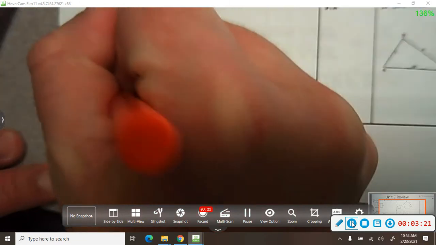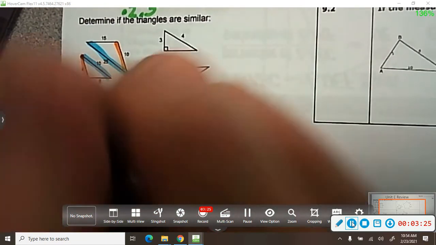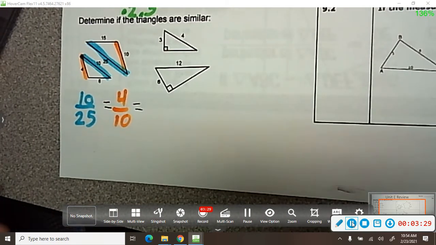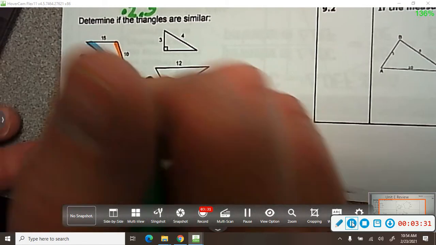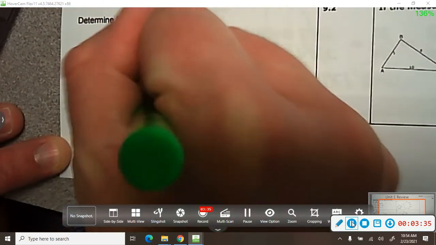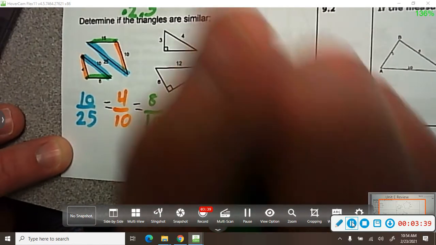Does that equal 4 over 10? And then does that equal 6 over 15?